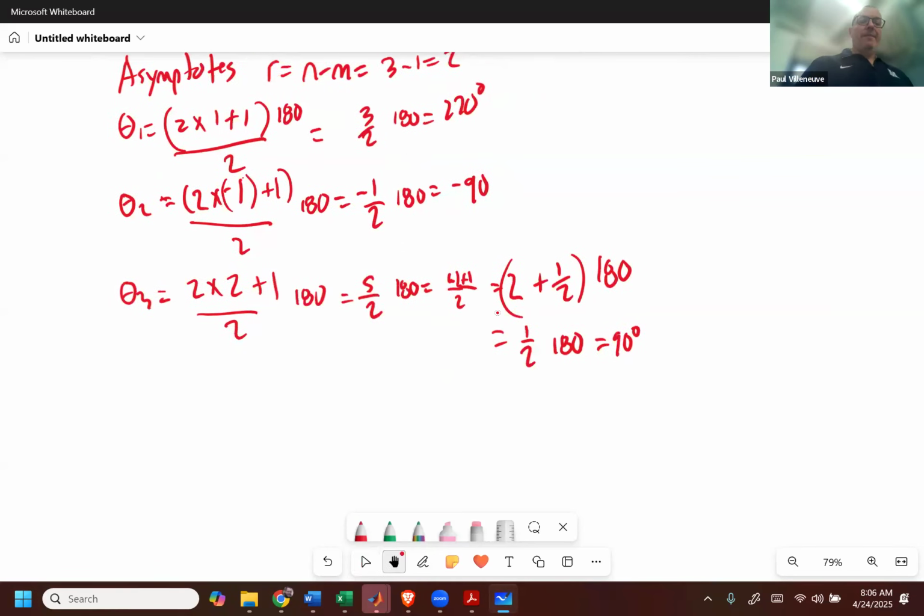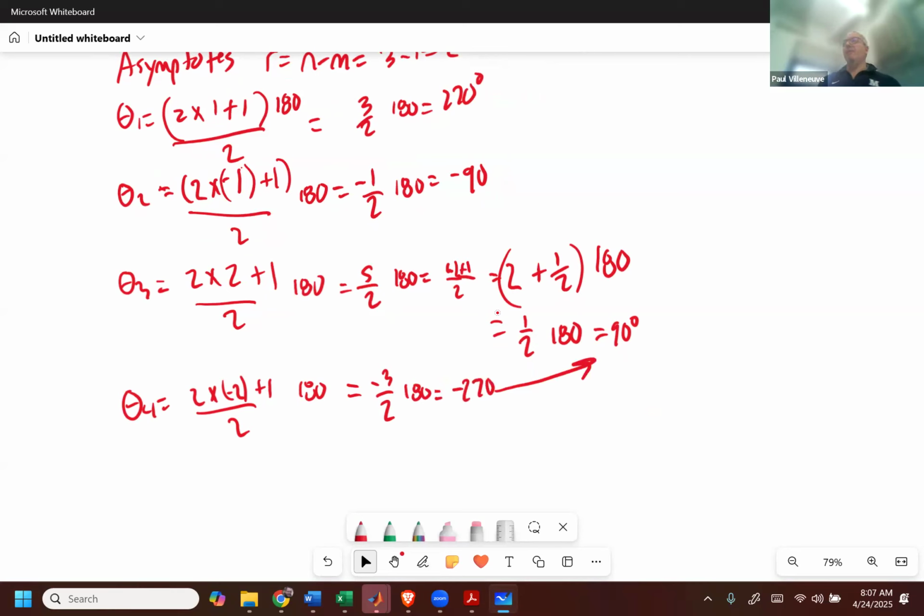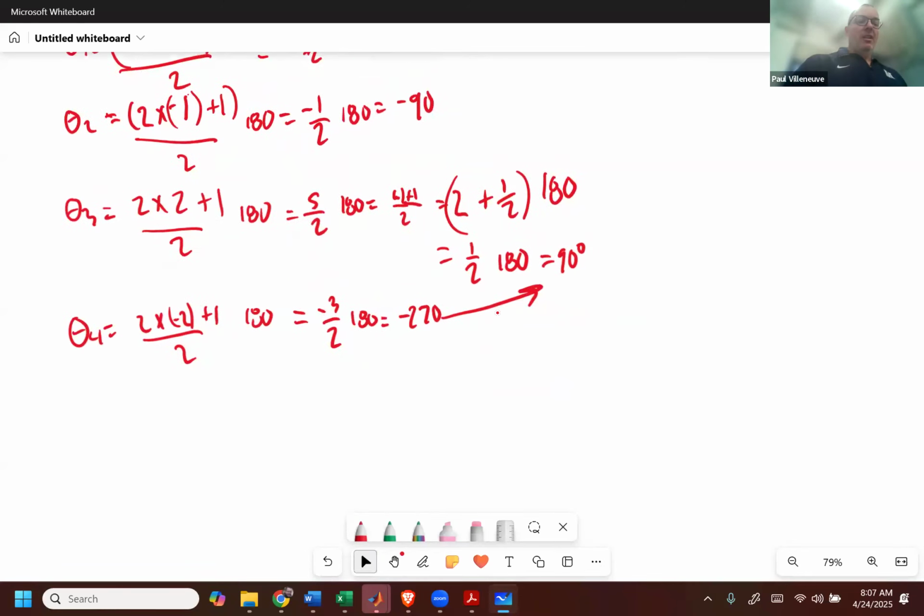And then my last one, theta 4, 2 times minus 2 plus 1 over 2 times 180. So 2 times minus 2 is negative 4, plus 1 is negative 3. That's equal to minus 270 degrees, which is the same thing as over there. So I have the angles of my asymptotes. The only thing I need to do now is figure out where the asymptotes take off.